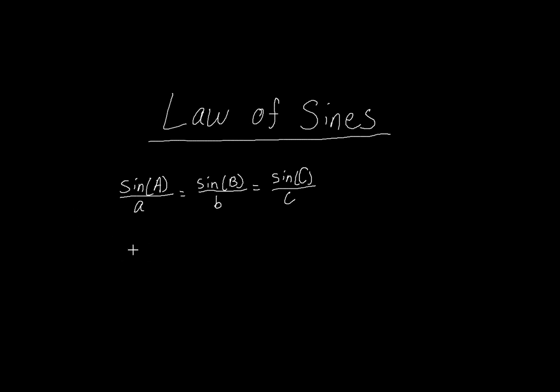So this is just one way of writing it. Another common way that you might see it is with all of the side lengths in the numerator. If you take the reciprocal of all that stuff, you'll end up with this formula, which is just as correct. There's no way of saying one is more correct than the other. Either one of these formulas will work.